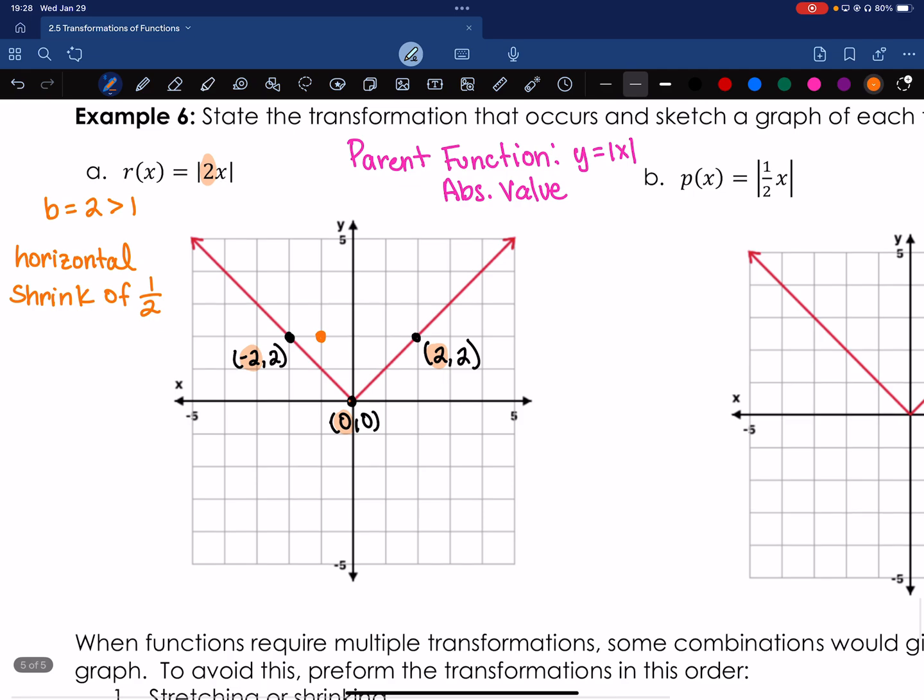We love 0, 0 because it stays the same. If I take 2 and multiply by 1/2 or 2 divided by 2, that would give me a +1. So I would get this point right here. And then you connect them and notice how it was compressed or shrank in.